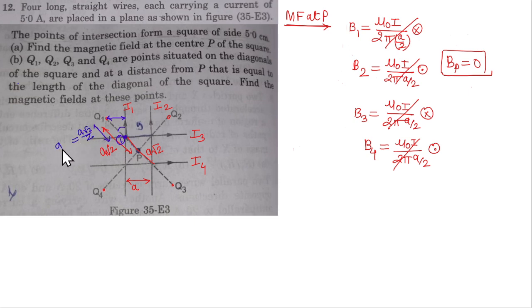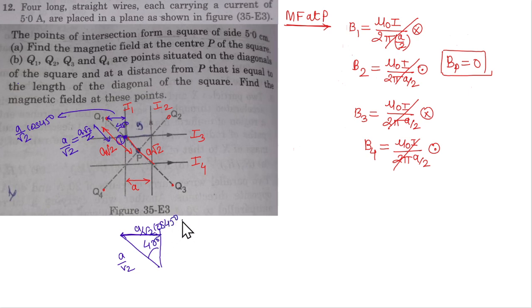If we use the component which is the perpendicular distance of Q1 from I1, it will be A by root 2 into cos 45 degree. If this distance is A by root 2 and this angle is 45 degrees, then resolving and finding this perpendicular distance, it is A by root 2 into cos 45 degree.